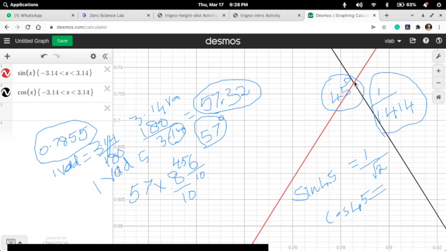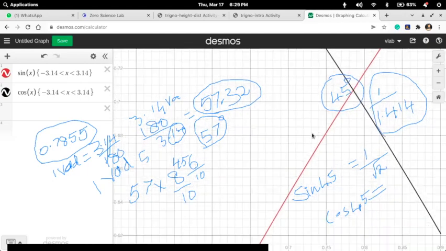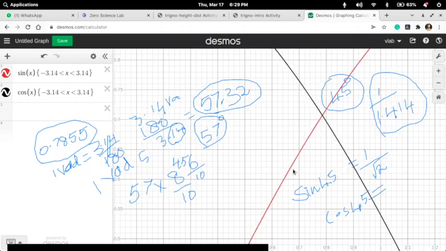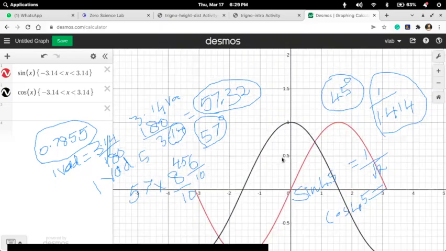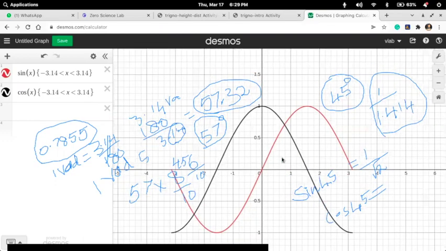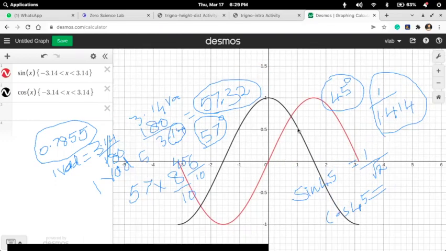The exact value is 0.7055, right? Got it? Yes, sir. So if you know the pattern or the shape, it is very easy to remember, isn't it? Yes, sir. The maximum is 1.